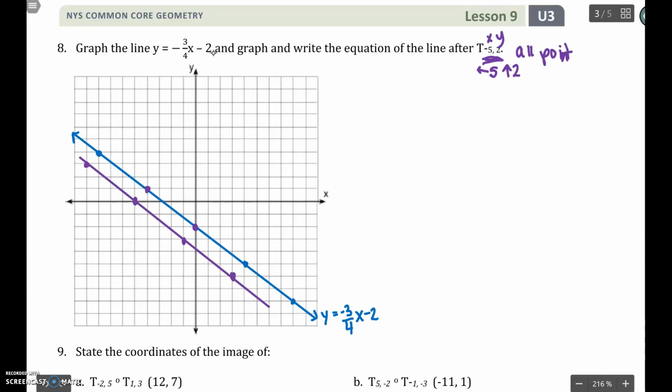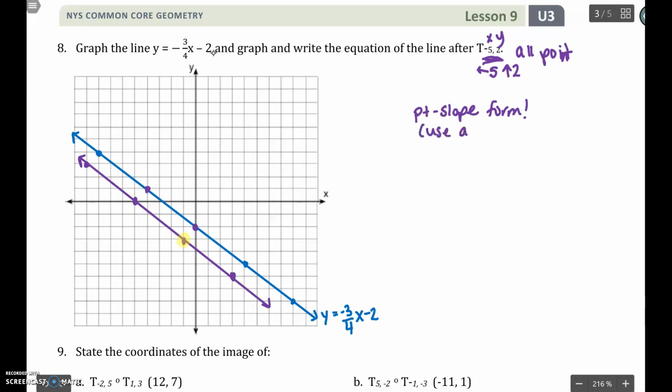And so now we need to write the equation of this line. You can see now our y-intercept's a little tricky, so instead we're going to do point slope form to make things a little faster. Pick any point you would like. I'll choose this one. All right, and you're going to plug it into your point slope form.